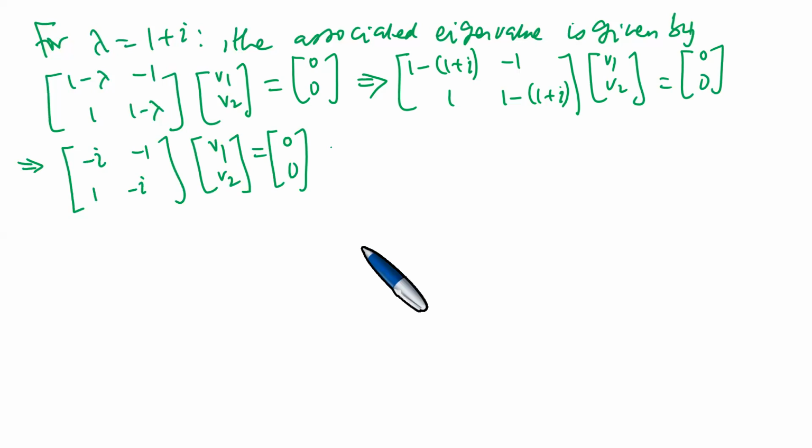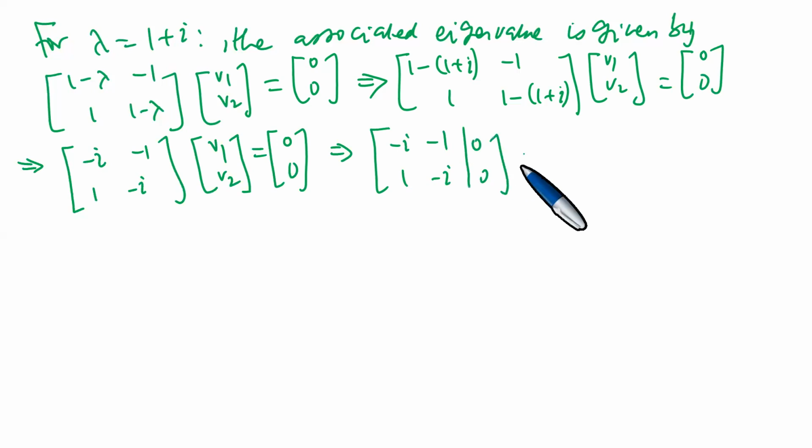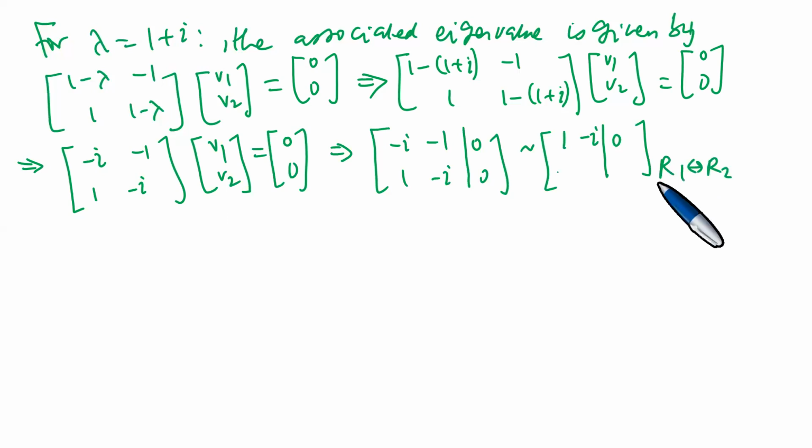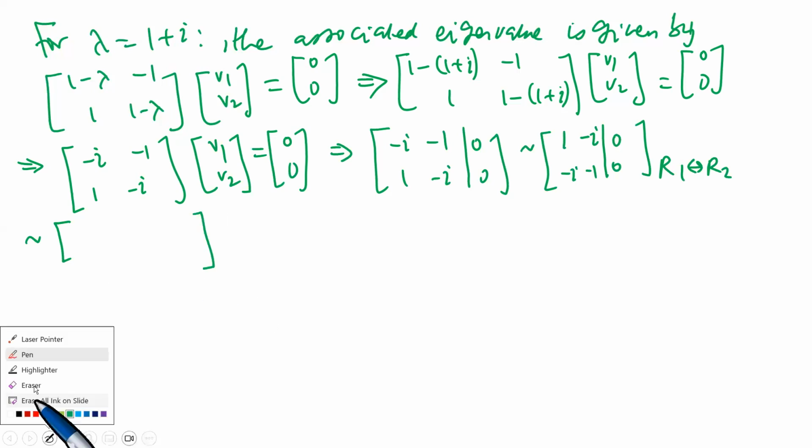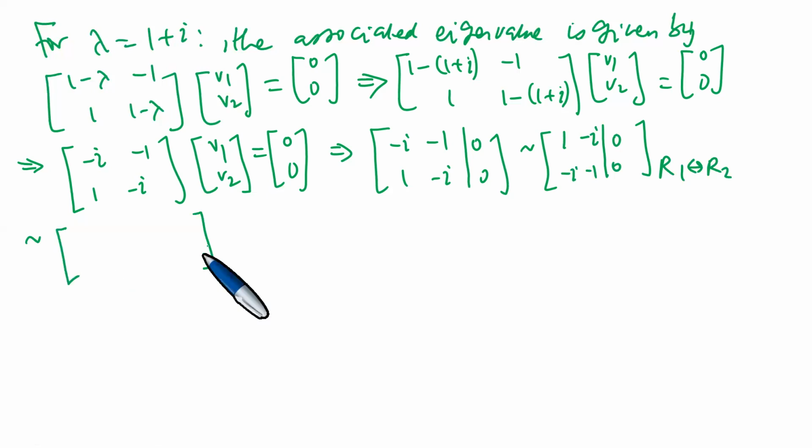Right. So now we write the augmented matrix of this associated system. So let's add this.